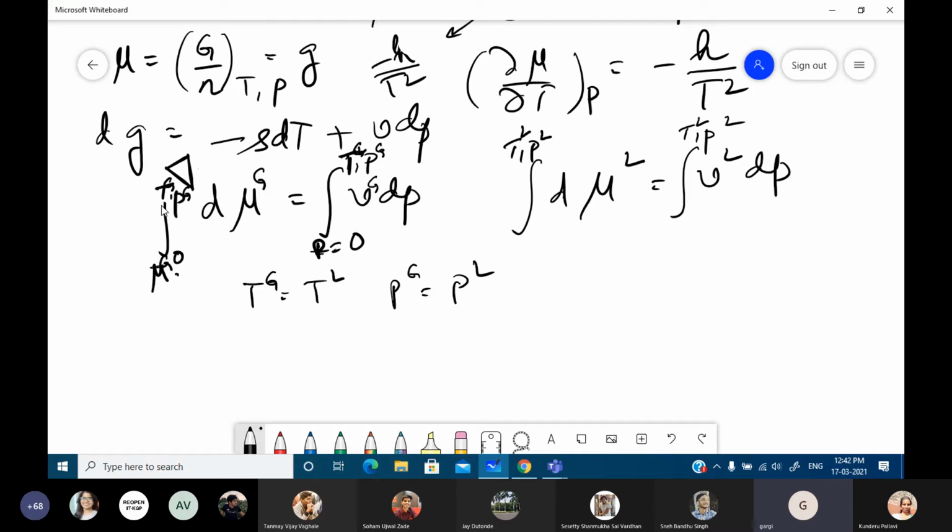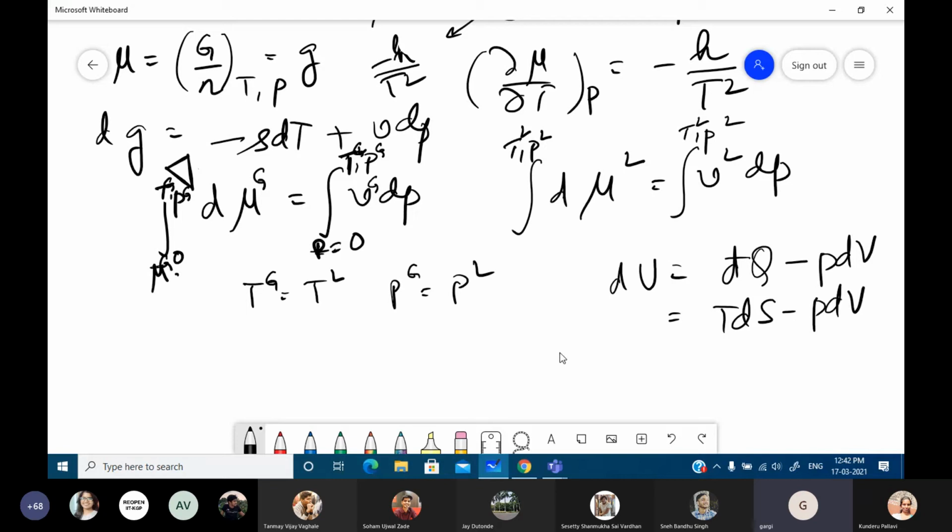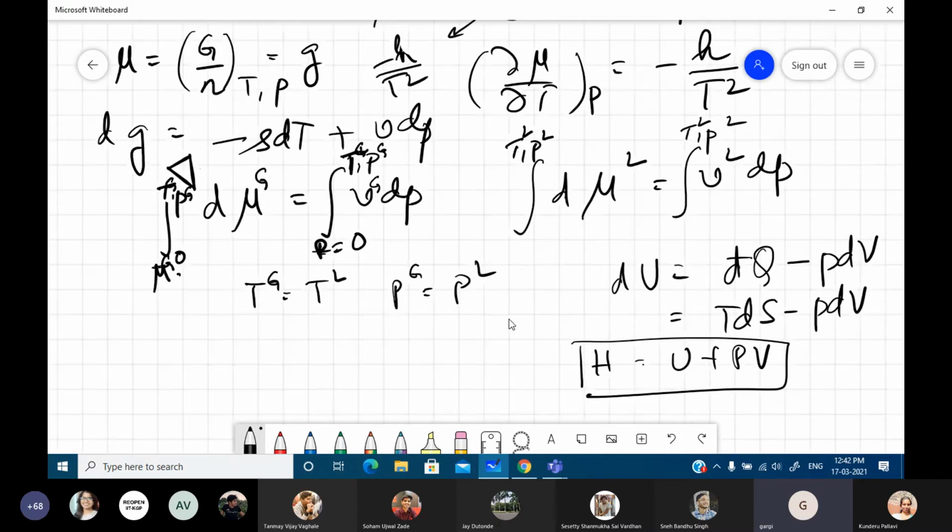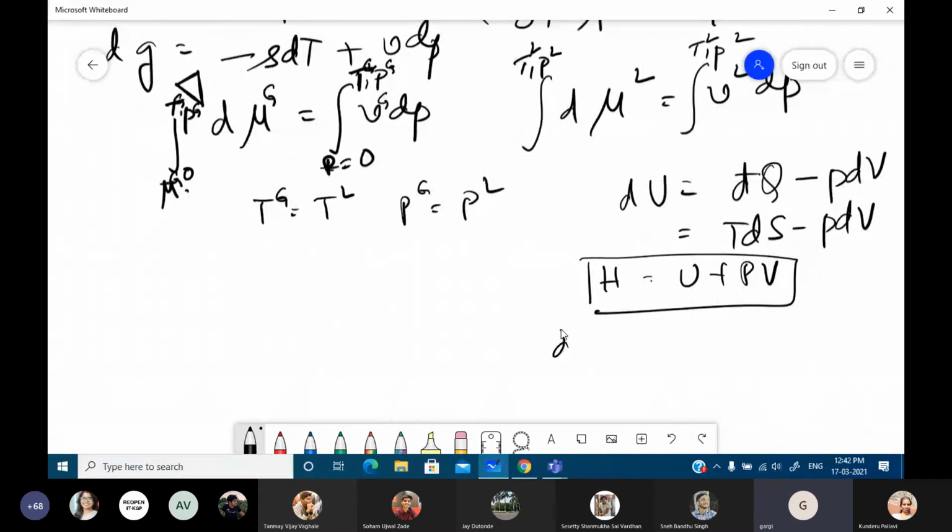I do not know whether you have noticed it or not. If you think right from the beginning of the semester, the different equations that have been discussed, except for this one, which was just a summation of property group, whatever new properties have been derived, for every single thing we had defined the differential of the properties.